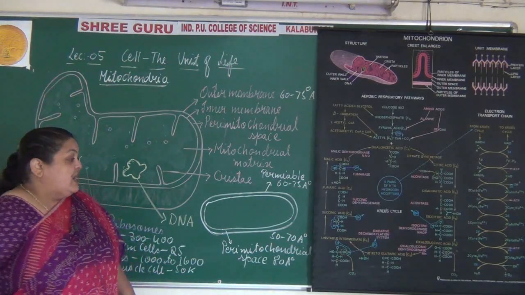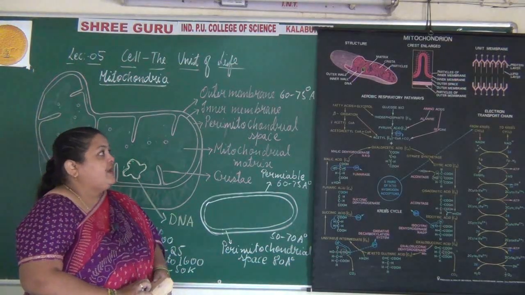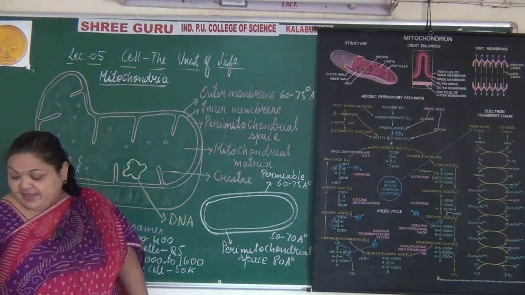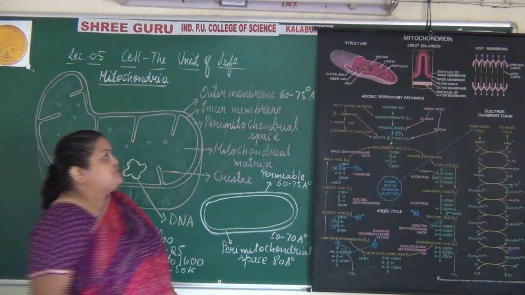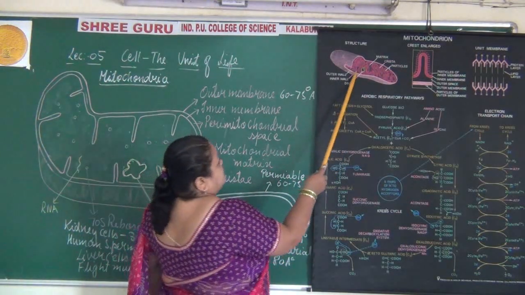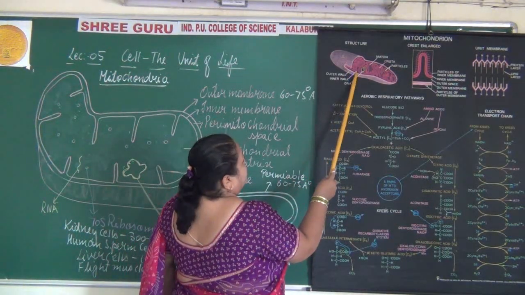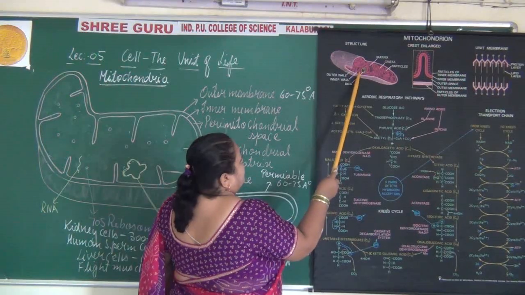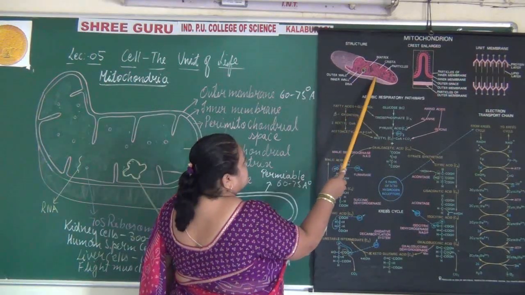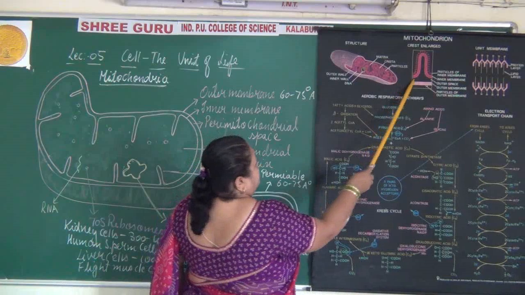Then the most important feature in the mitochondria, which you can observe here, is that the inner wall has some infoldings on the inner side.